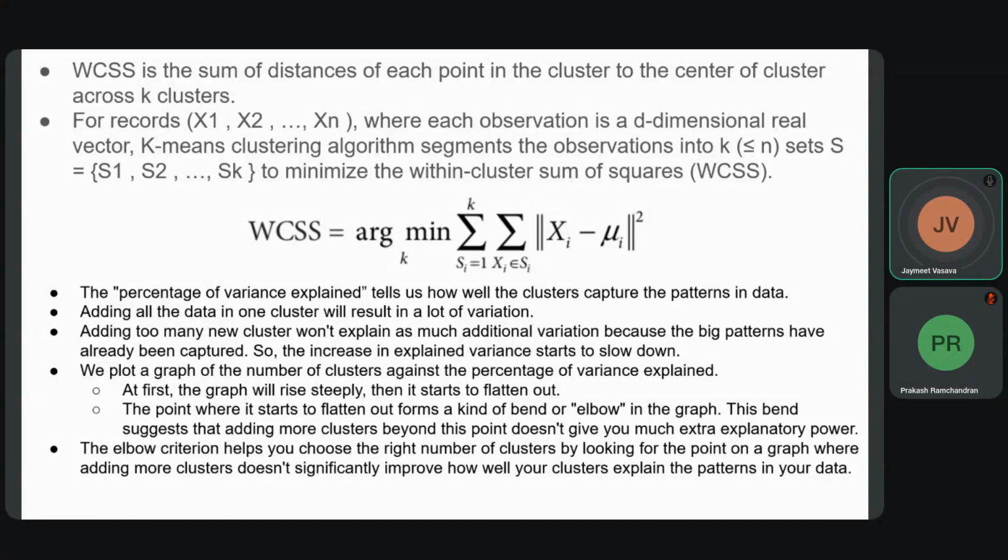So the percentage of variance explained tells us how well the clusters capture the patterns in the data. Adding all the data in one cluster will result in a lot of variation. Adding too many clusters won't explain much additional variance because the big patterns have already been captured. So the increase in explained variance starts to slow down.